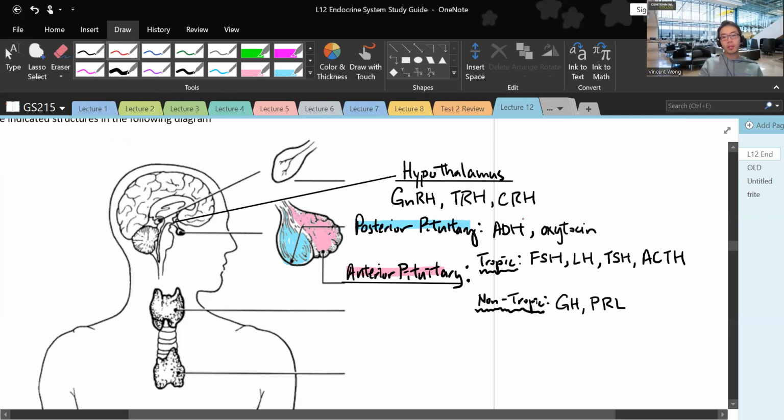I'm going to put a star here to remind you these are produced in the hypothalamus. But you should know that by now because I have been saying it over and over again, right? So that's that.